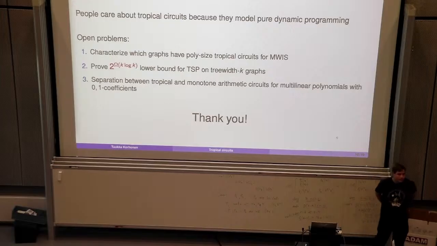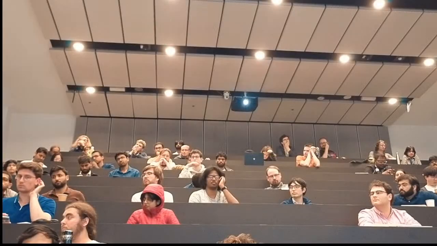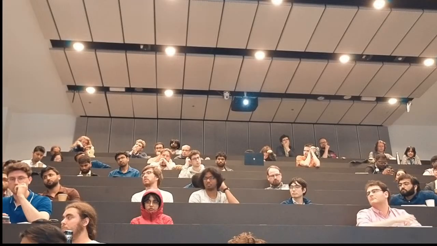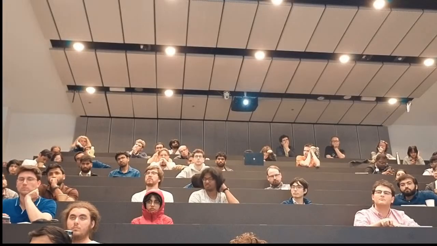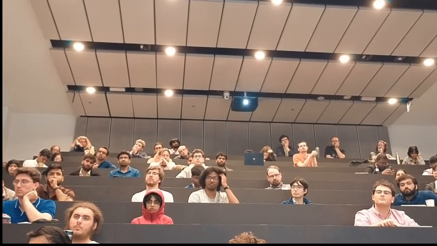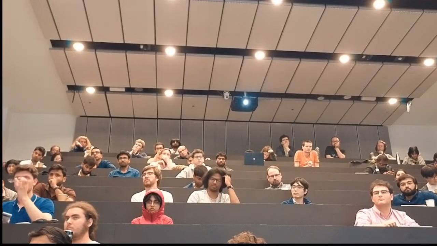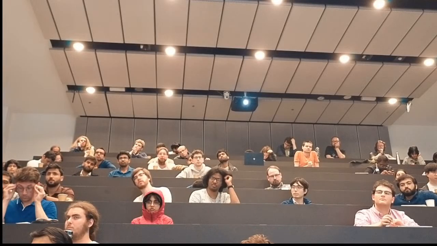Looking at your last slide: if you have a model that captures essentially dynamic programming, have you tried comparing it not to monotone circuits, but to monotone algebraic branching programs? Those are also a pretty direct model of capturing dynamic programming. I guess branching programs are more restricted than circuits, so I would assume they are clearly weaker.